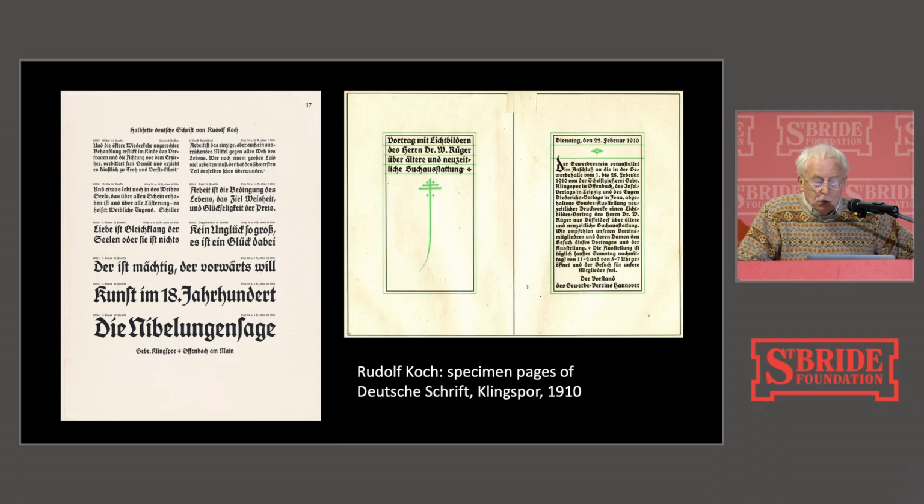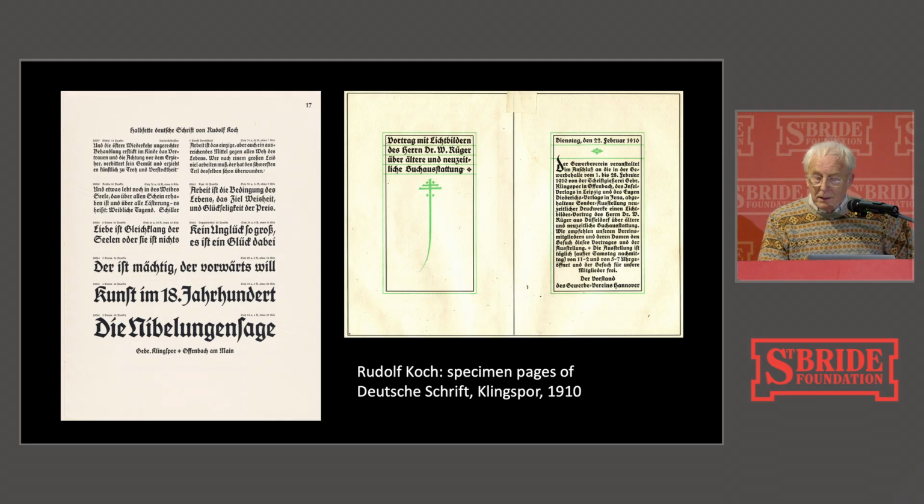The first product of this collaboration was Kochschrift, initially called Deutsche Schrift, but released by Klingspor in 1910. Although Koch had been working on it since first taking up broad-nibbed penwork in 1903, welding together, as he said, the essential details of the old Gothic and Schwabacher alphabets into a new and independent whole.